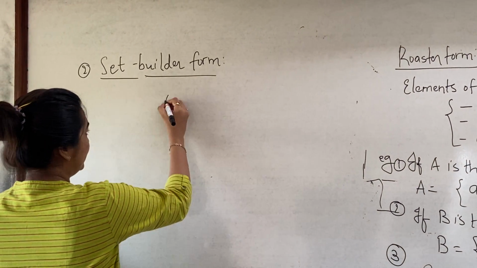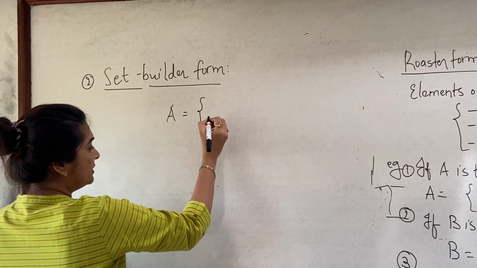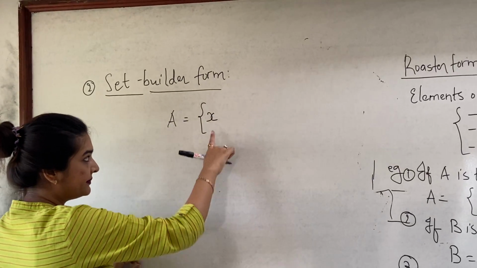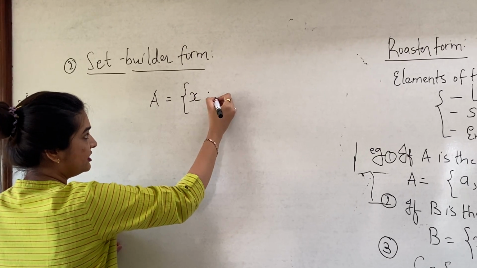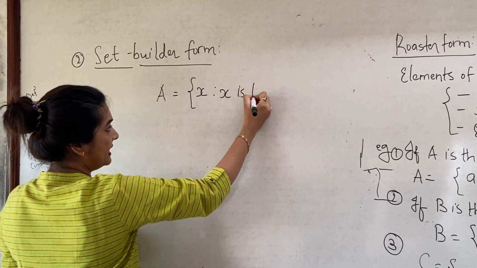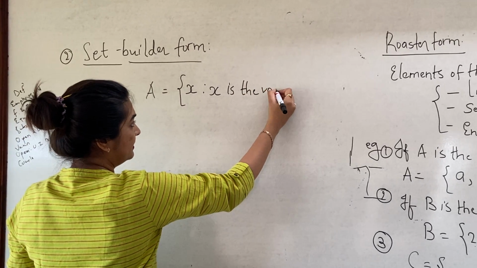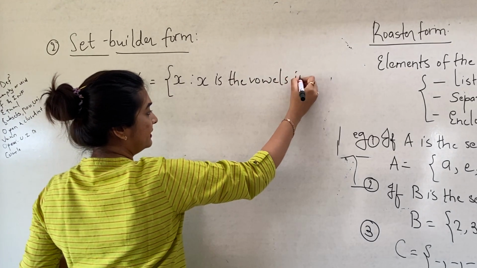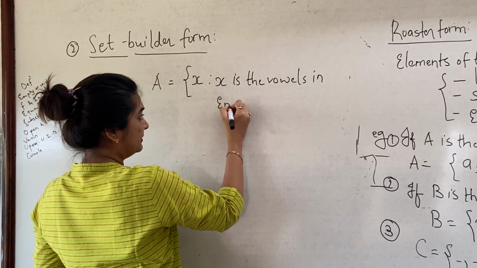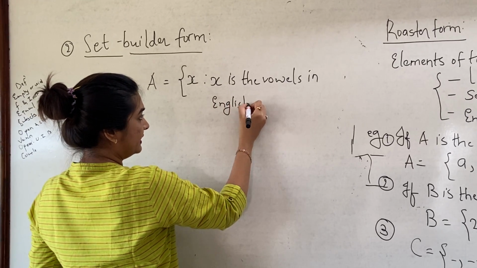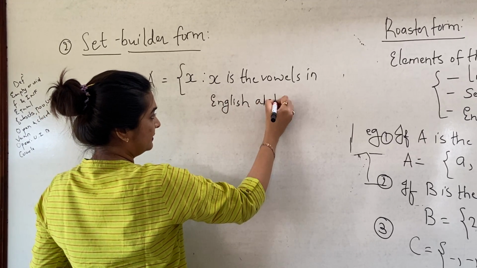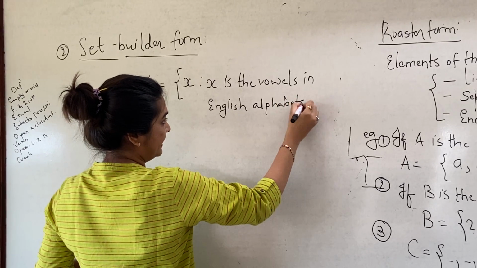So that is nothing but A is equal to, we will write x such that x is the vowels in English alphabets.